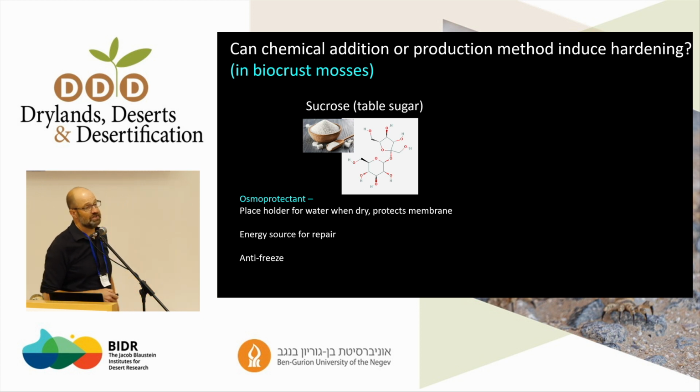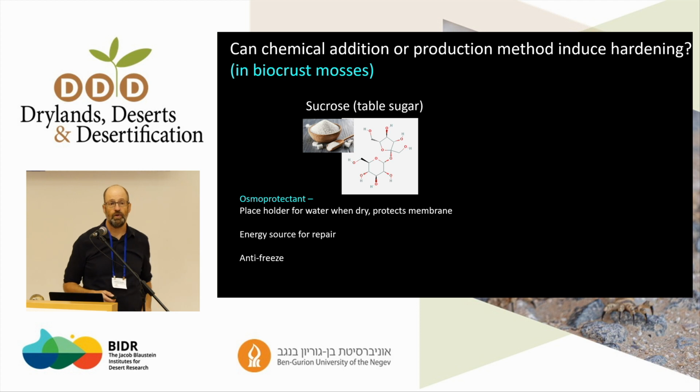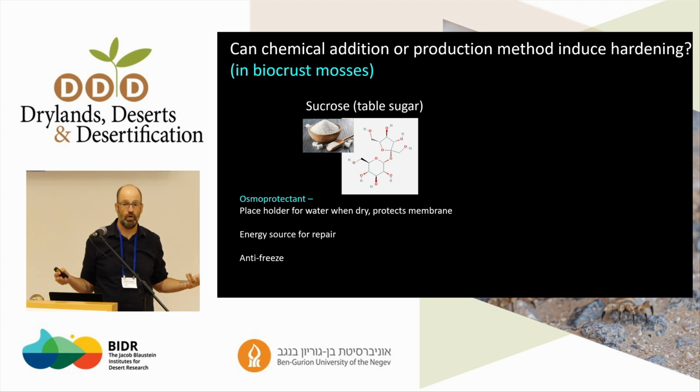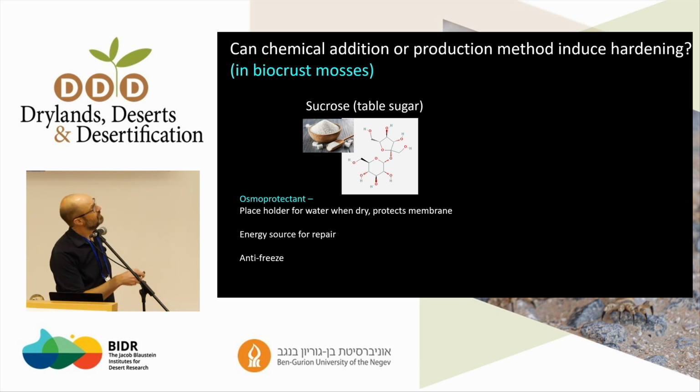And here I'm asking the question, can adding a chemical or altering our method of production induce a more hardened material, more field-ready material? And the first chemical I'm going to talk about is just sugar, regular sugar, cane sugar. This might seem sort of weird. Why would you add sugar to biocrusts?